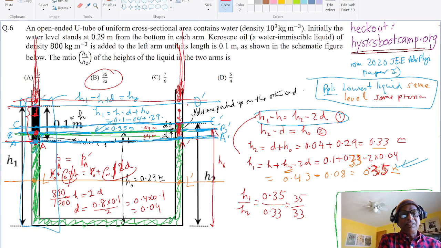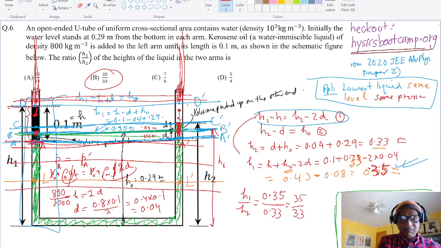But in a situation like this, the pressure is not the same until you get to this point. At all of this same level, same fluid, the pressure will be the same. That's the main principle here, and everything else is just using geometry.